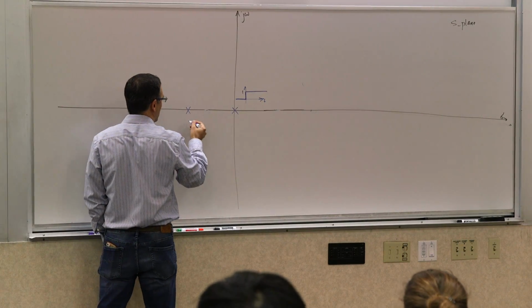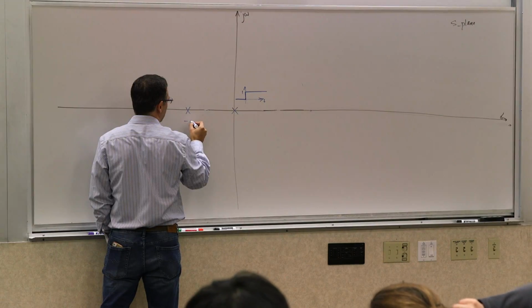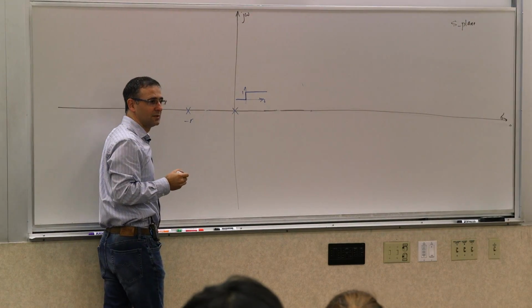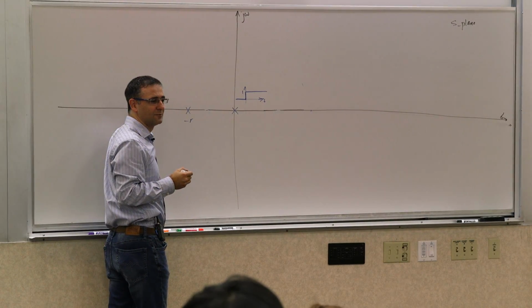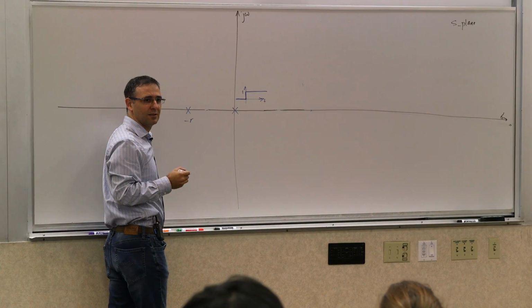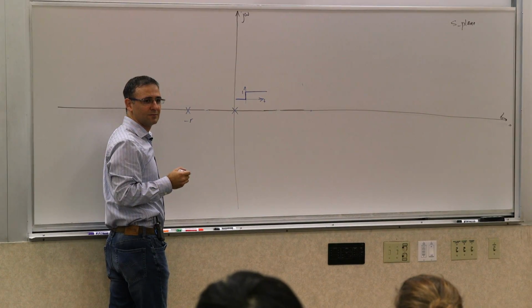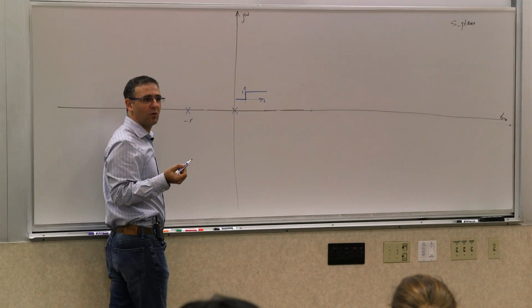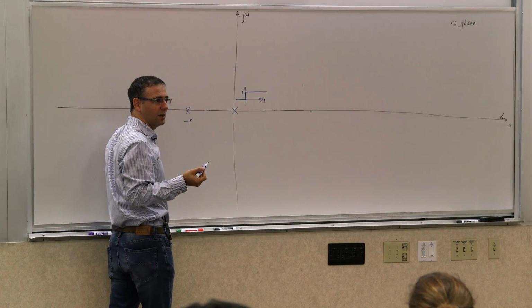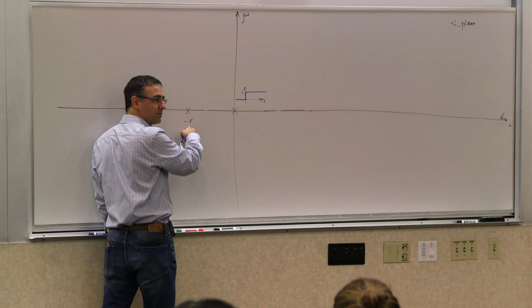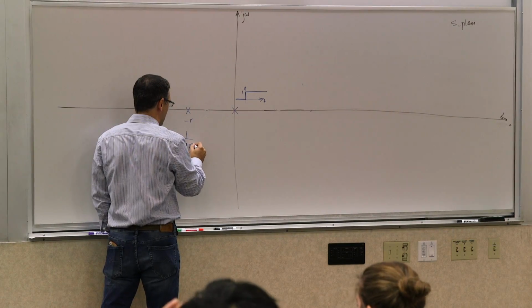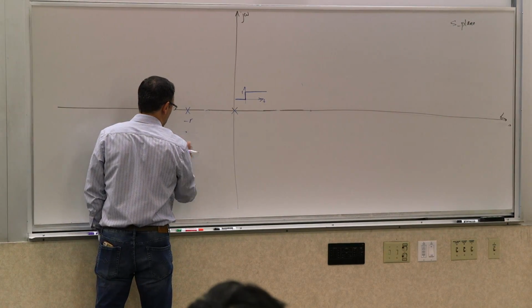If this is at some point, let's say, I don't know, negative r. What is the transfer function associated with this? 1 over s plus r, right? Because that's the root of 1 plus s. So this would be 1 over s plus r, because the root of this would be negative r.